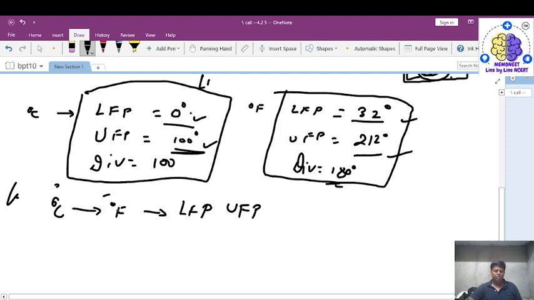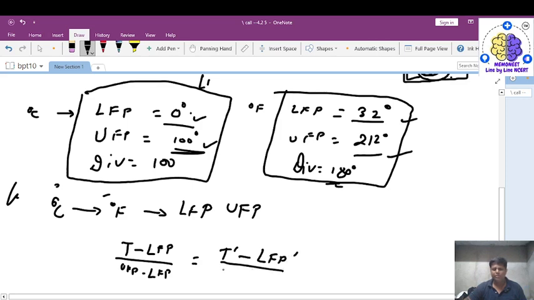So the general formula is: the temperature in that particular scale, let's say T, minus lower fixed point, upon number of divisions, that is upper fixed point minus lower fixed point, is equal to the temperature in the other scale minus its lower fixed point, upon the number of divisions in it, that is its upper fixed point minus lower fixed point.